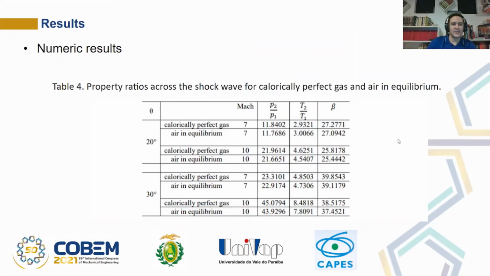And then we get the numerical results for Mach 7 and 10, and for theta 20 degrees and 30 degrees. We get the pressure ratio, temperature ratio, and beta. We see that they get lower for the air in equilibrium compared to the calorically perfect gas.